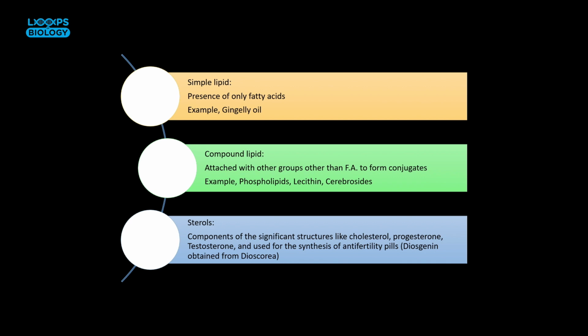Now, if I'm talking about types of lipid, there are a total of 3 different types, that is simple lipid, compound lipid and sterol. Whenever there is a simple lipid, that means there is only a presence of fatty acids plus there has to be what? Glycerol. So fatty acid and glycerol, whenever I am going to consider, that is nothing but your simple lipid. For this, there is an example of gingerly oil.